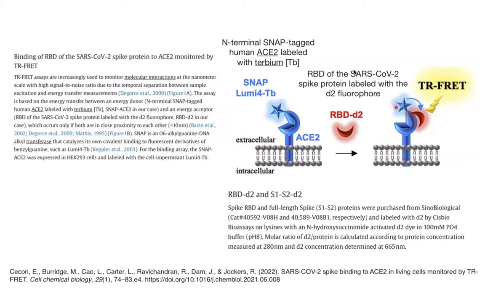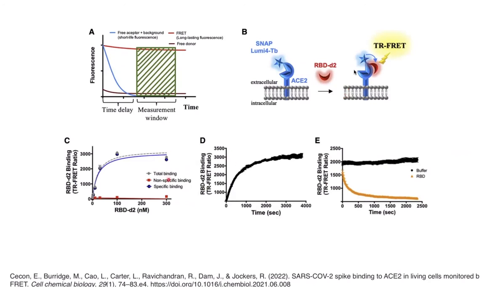So if we shine light that excites this Lumi4TB, we should see the emission of our D2, but only if they're interacting. If they're not, then if we shine light that excites this terbium, this Lumi4TB, we'll see the emission of that. And so this is what they end up doing.